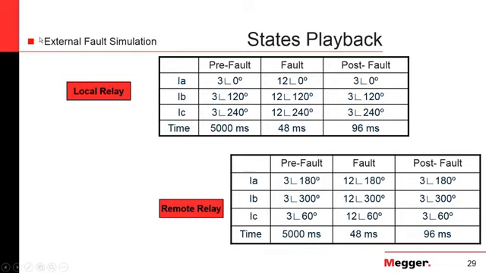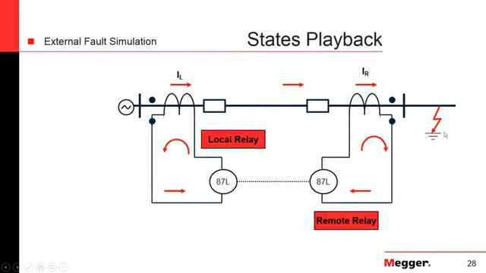Going with the philosophy that we talked about before, about using external and internal faults, we can say that here we have a pre-fault of 3 amps, a fault of 12 amps, and a post-fault of 3 amps. Since it is an external fault, it is something happening outside of the protection zones of these 2 relays, which are acting in an 87L or line differential relay scheme.